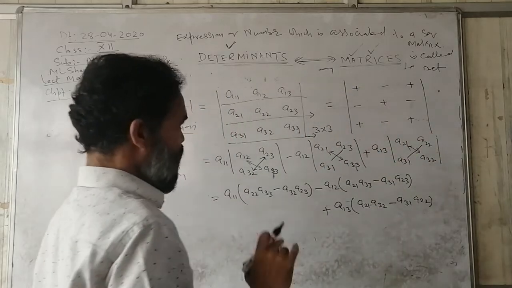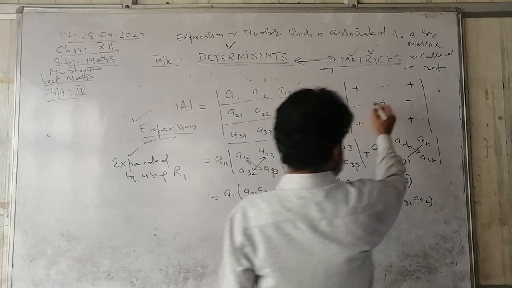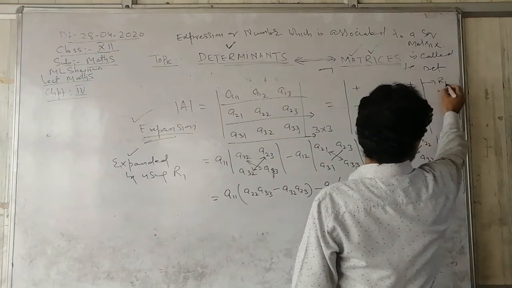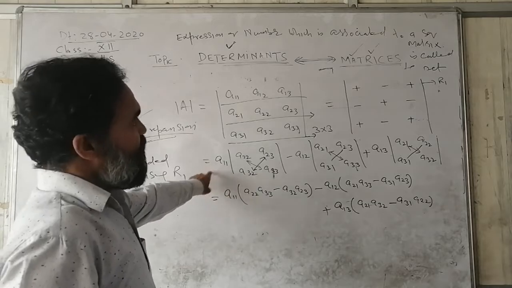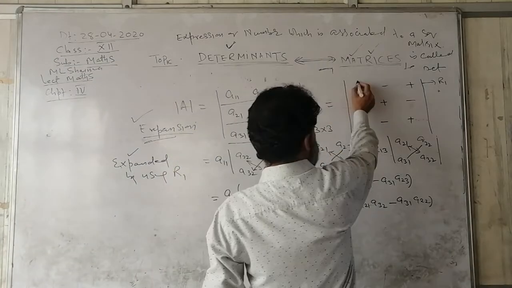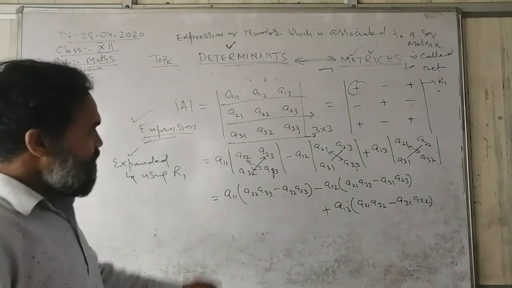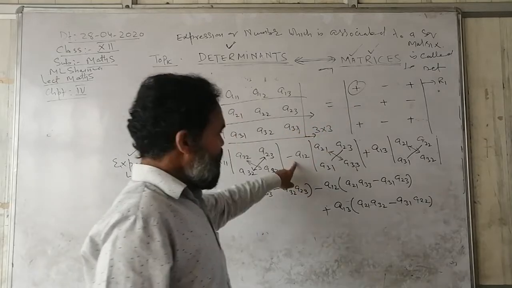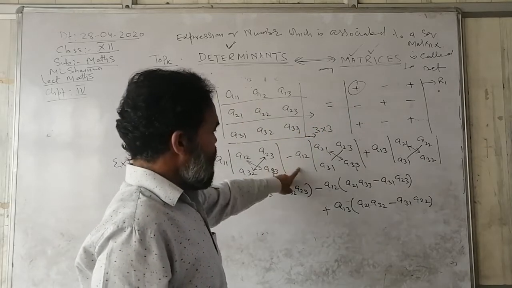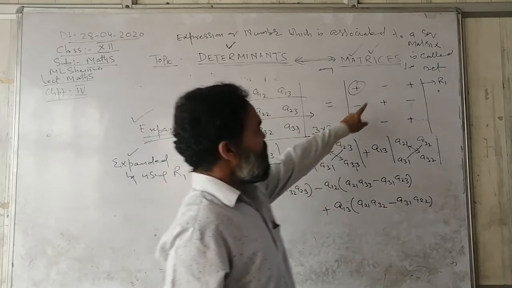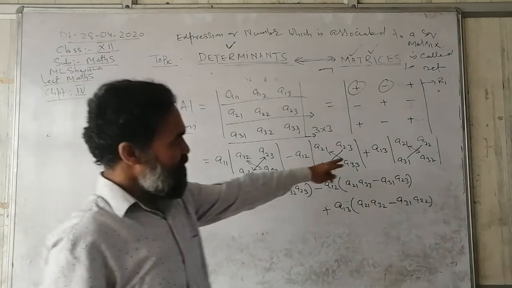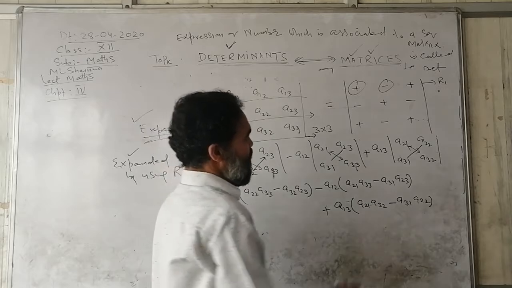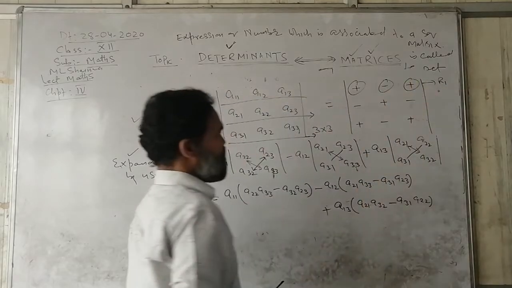If I have to expand the determinant by R1, I will apply the first sign as positive, the plus sign. Then for the second element, I will use a negative sign, and for the last element A13 I will use a positive sign.